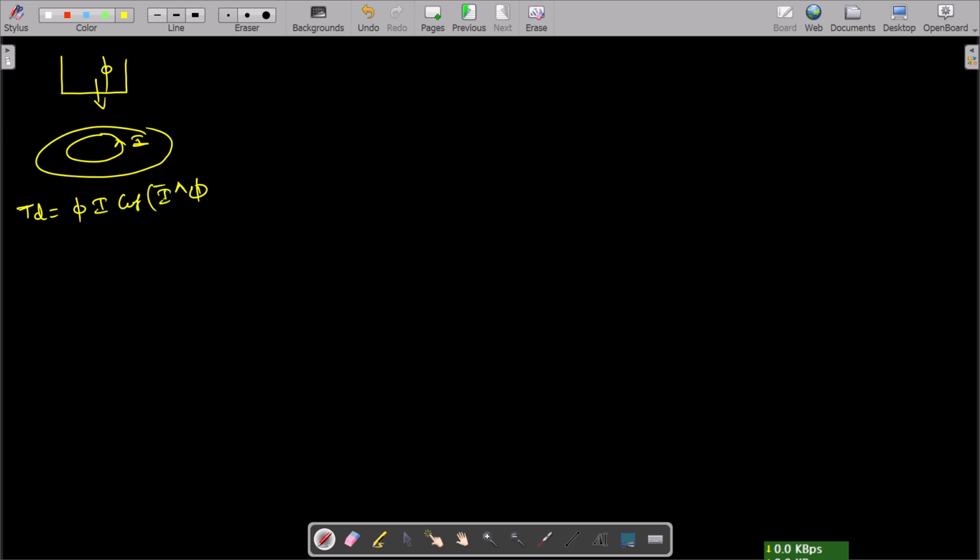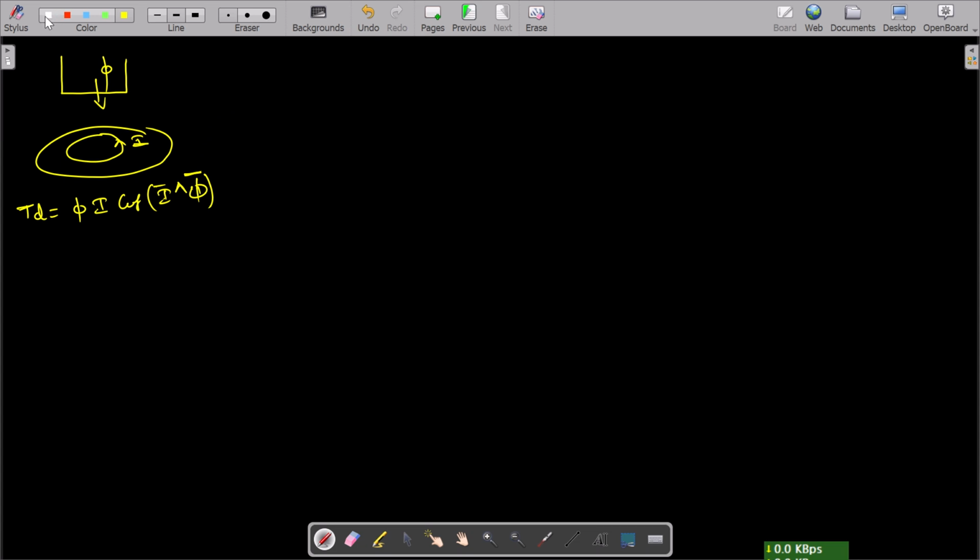We already know that previously we have seen that whenever a disk is carrying an RMS current I and it is producing an RMS flux phi, the torque produced on the disk will be phi into I cos of the angle between these two things. The same principle we are going to have.